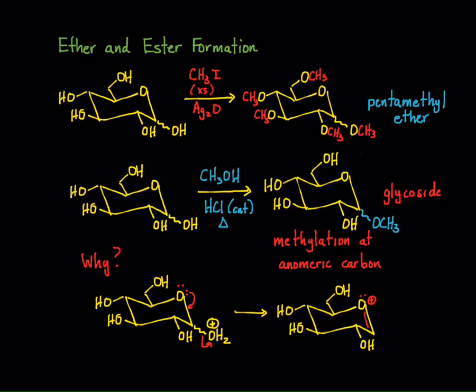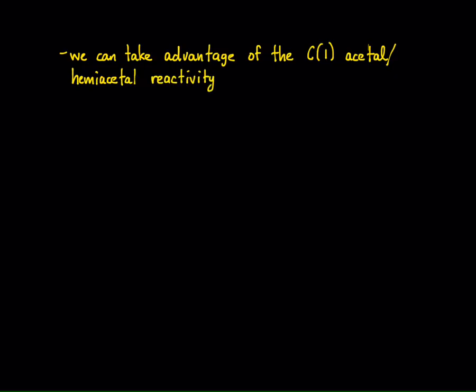Now, we can actually take advantage of this C1 acetal hemiacetal reactivity, because notice the reason why that OH group on the anomeric carbon can come off is because it is a hemiacetal. And so in the past we've talked about the reactivity of aldehydes forming hemiacetals, and then they go on to form acetals.